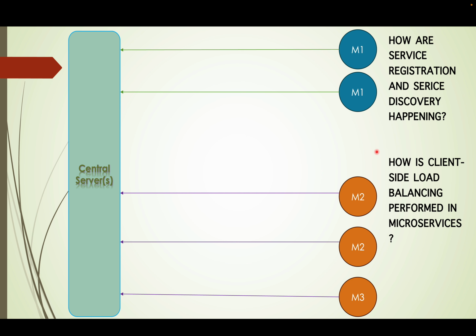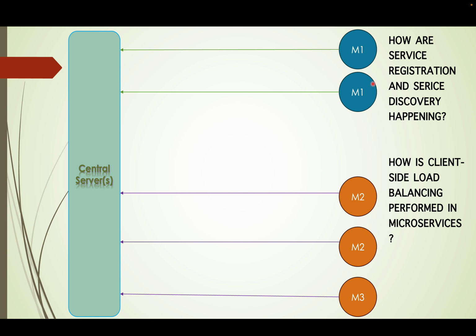So what is client-side service discovery? As I told earlier, M1 needs to communicate with M2 to fetch its response. So what will M1 do? Is it the responsibility of M2 to provide information to M1, or is it the responsibility of M1 to know the details about M2? It is the responsibility of M1.